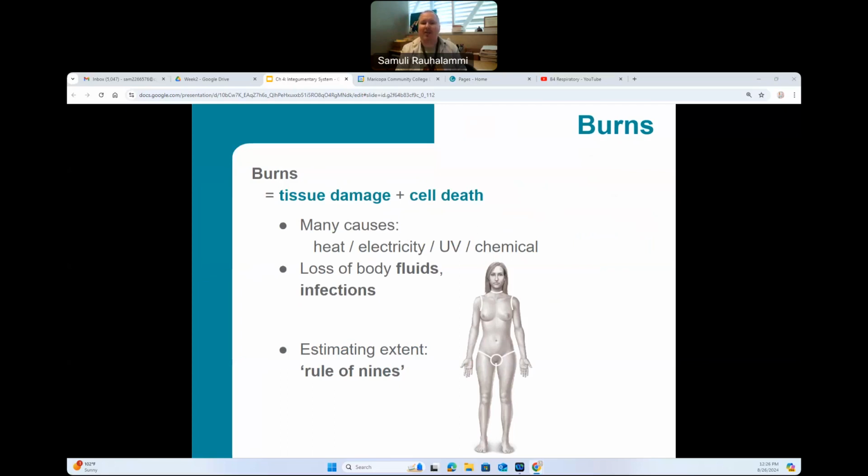How this works is that the body is divided into 11 separate areas that allow for a quick estimation of the extent of the burn, and each area represents 9% of the total body surface area. The exception to this is the area around the genitalia, which represents 1% of the body's total surface area. So that's how we can estimate the extent of the burn.